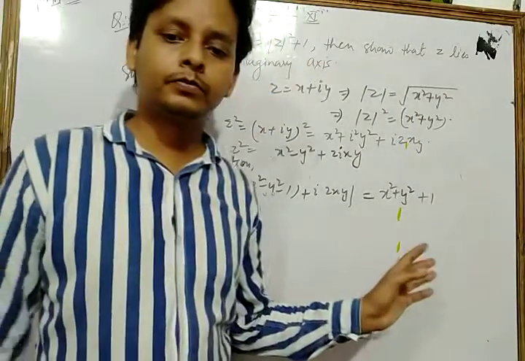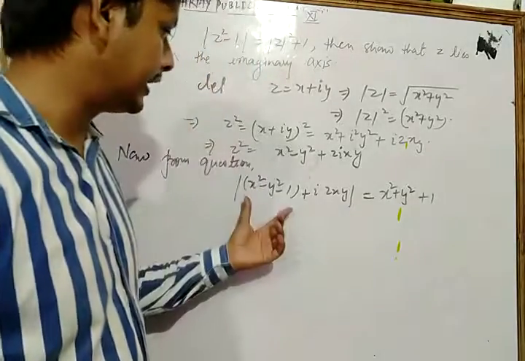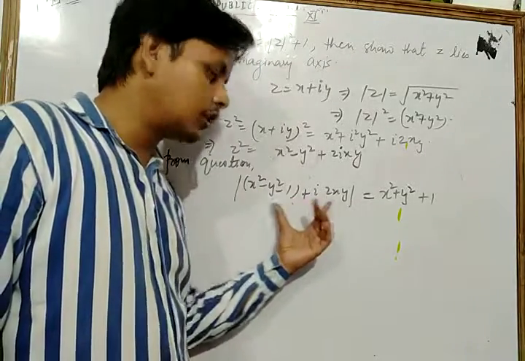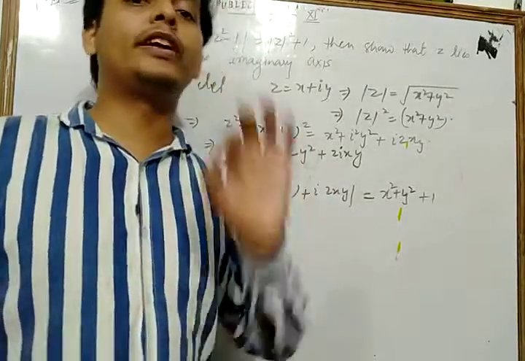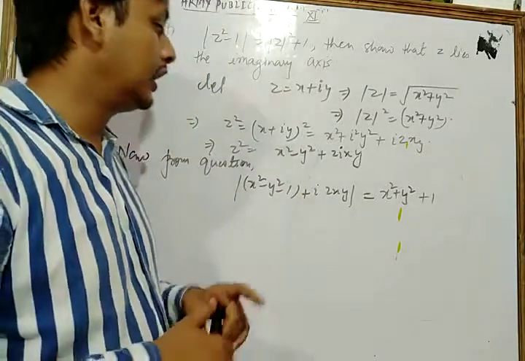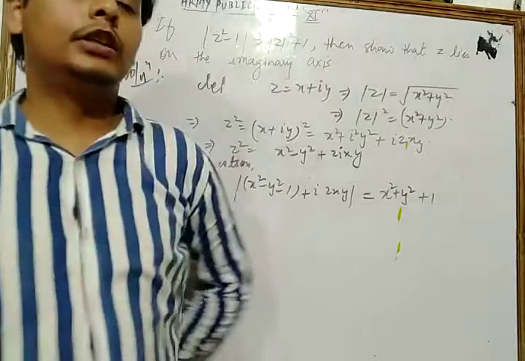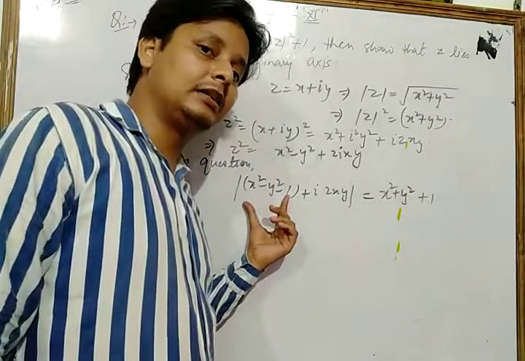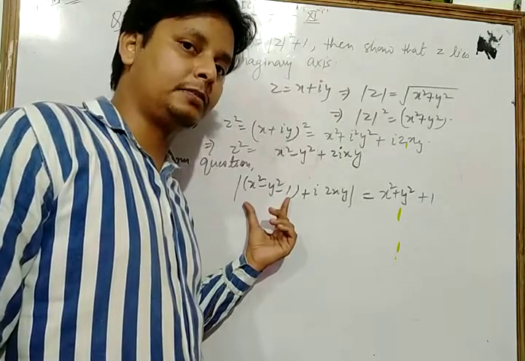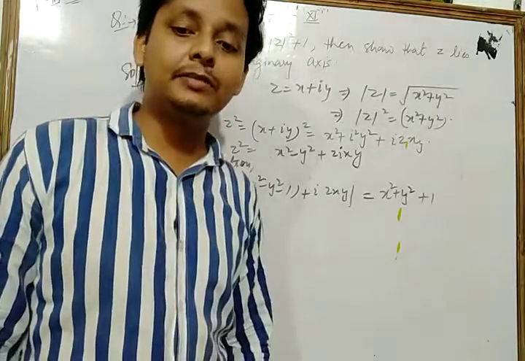Now clear? Dear students, that is also the form of a complex number, and you know that the modulus of any complex number is equal to the square root of the sum of the square of its real part and the square of its imaginary part.